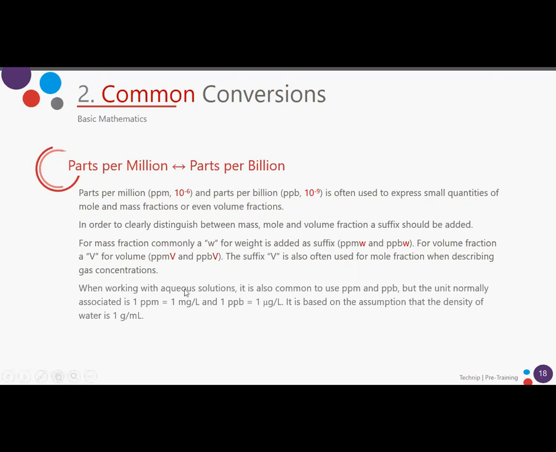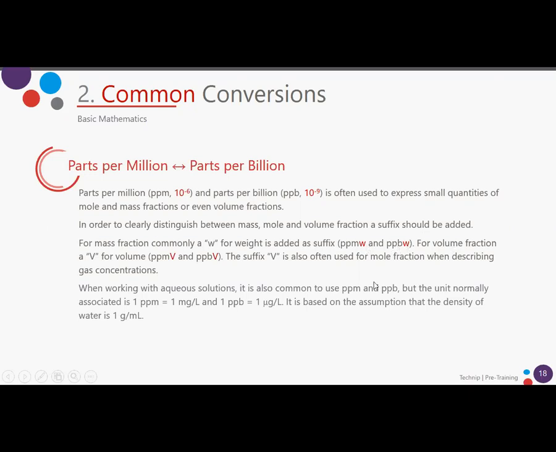In order to clearly distinguish between mole, mass, and volume fractions, a suffix should be added. Sometimes it's not always added, but in order to be correct, one should always add the suffix. For mass fraction, commonly a W for weight is added as a suffix, so we would have ppmw or ppbw.